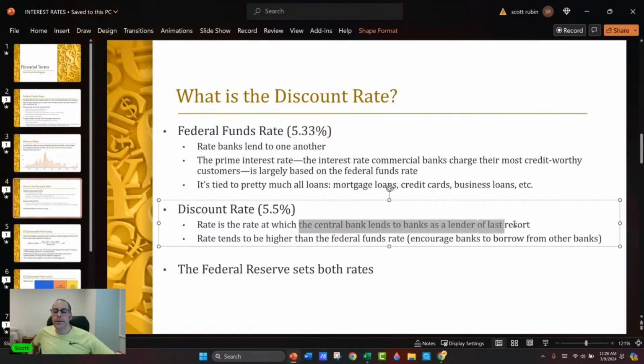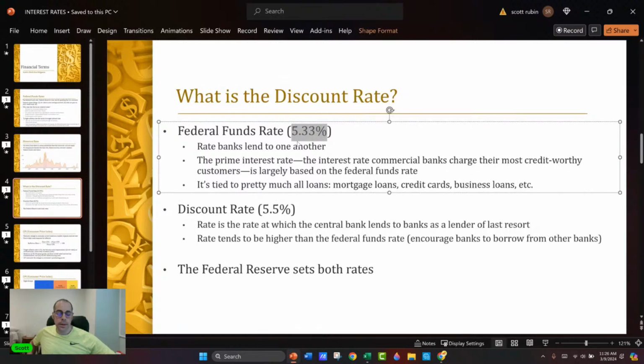It's kind of like the last resort. The government doesn't want to be lending money to banks. That's why they make the Fed funds rate lower, so it's more appealing for a bank to borrow from another bank than from the government. But if other banks are not willing to lend to a bank, the government doesn't want banks to collapse. That's a huge problem when banks collapse.